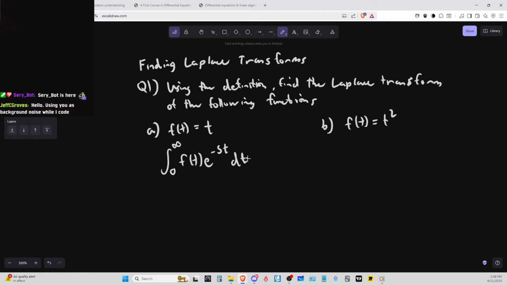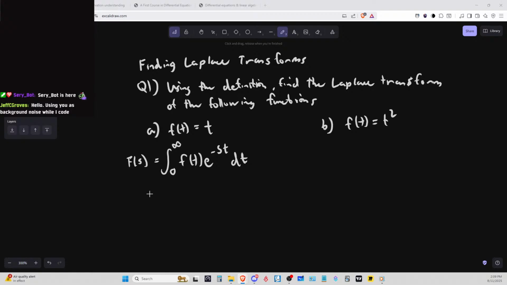I'm trying to remember the definition by heart, and I don't want to look it up right away. Alright, I'm going to take a brief look. Definition of Laplace transforms. Okay, yeah, we wrote it correctly. My memory of it was much better than I thought. I thought I messed up somewhere.